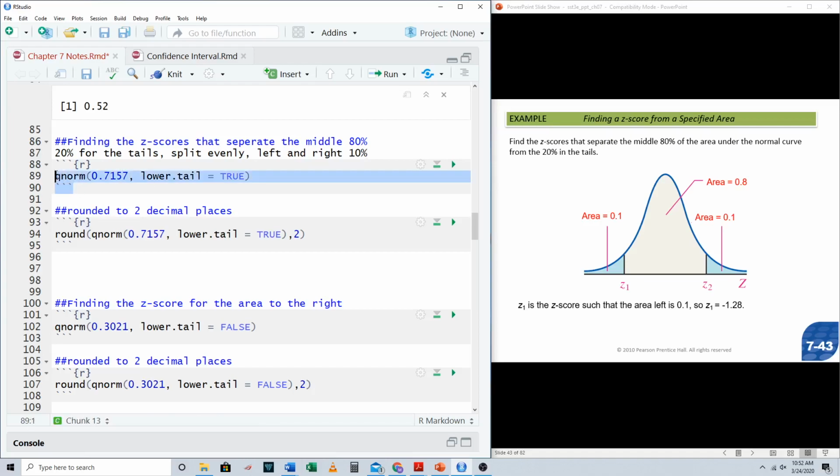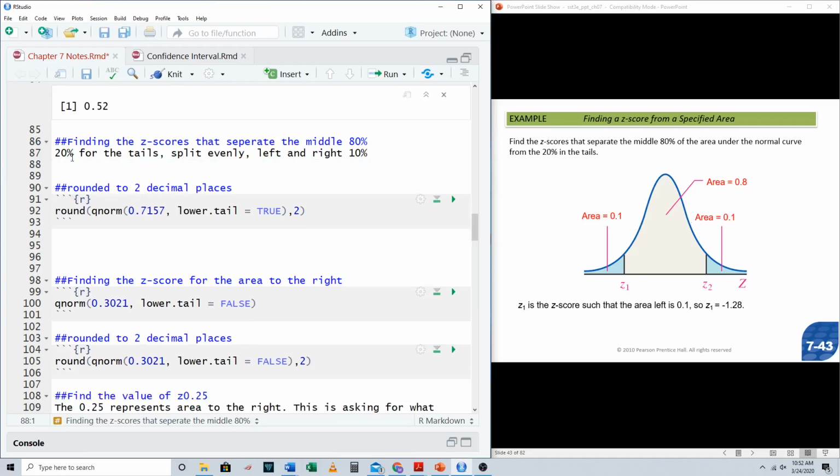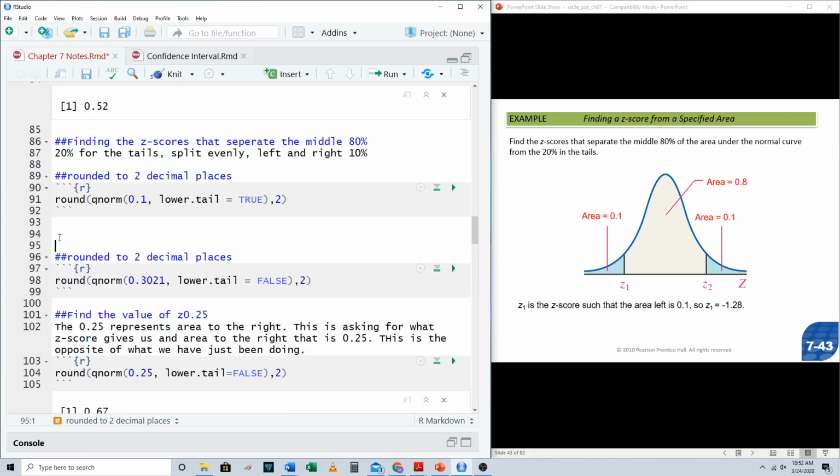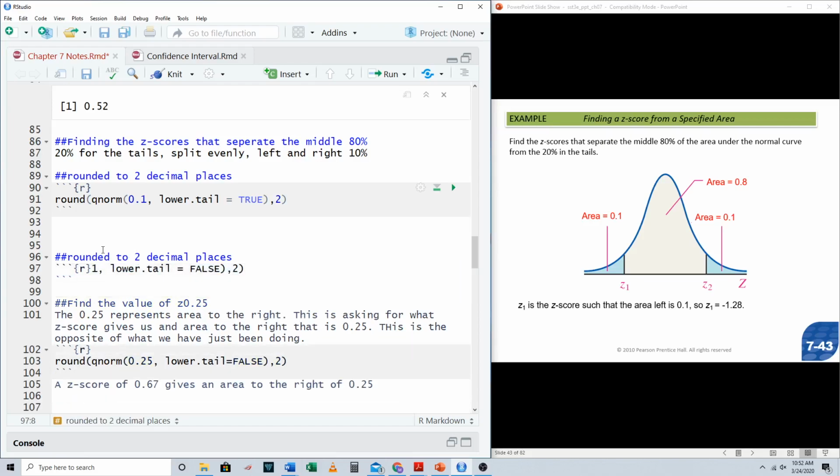In fact, I'm just going to get rid of this. I'm just going to do the rounded version of that. Okay, so I'm going to do 0.1, and 0.1, just again, left and right.